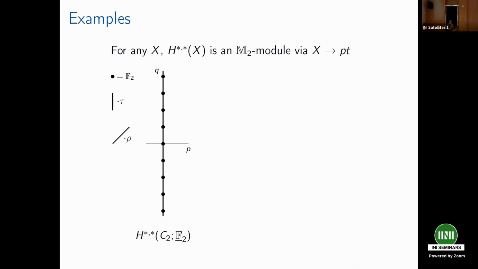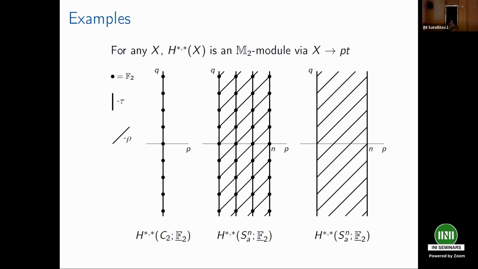But if I look at some other spaces, I'll have something else. So for example, there are spheres that are not representation spheres. For example, I could take a free action on a sphere, give it the antipodal action. And when I do that, I get cohomology that looks kind of like this vertical strip. So again, all of these pictures go on forever, top and bottom.